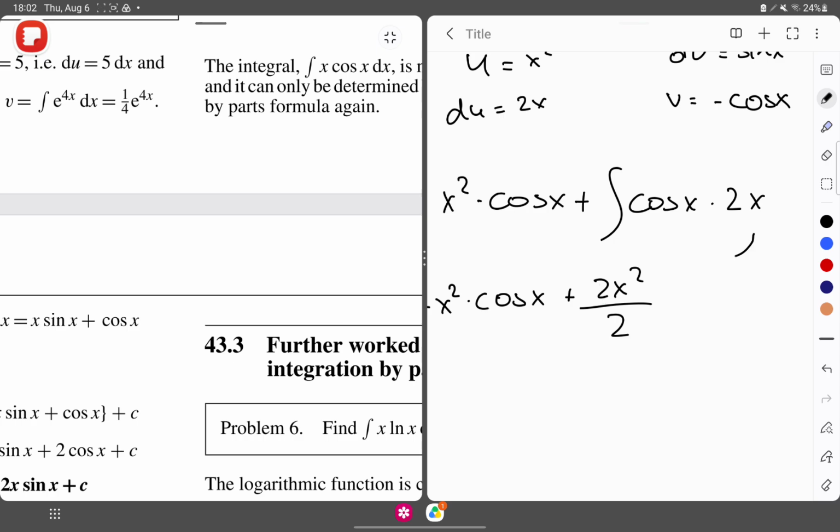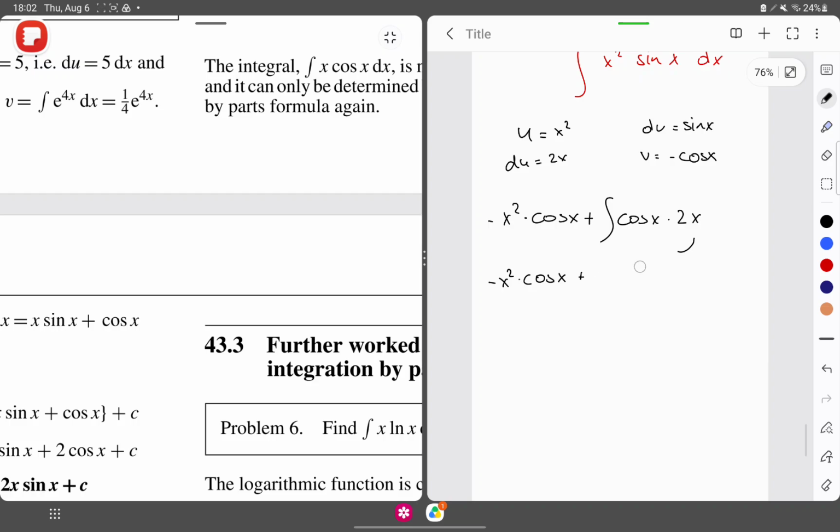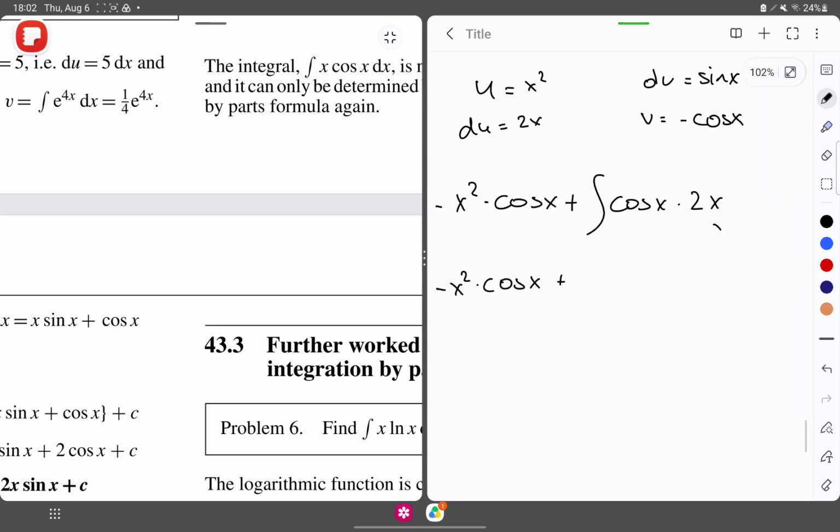So we also need to use this again. Yeah, we need to use it again, I guess. Wait a second. Let's say that if we use this one again, u dv, du v, u is cosine 2x, it will be 2, dv will be cos x, integral of cosine x will be sine x.